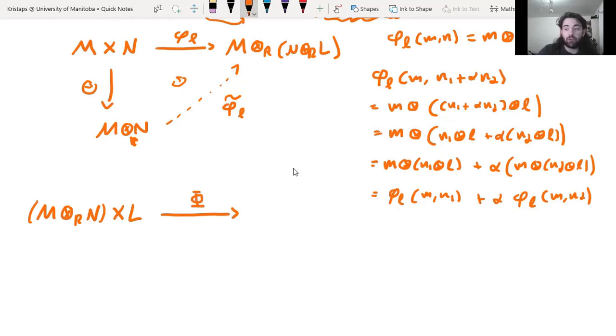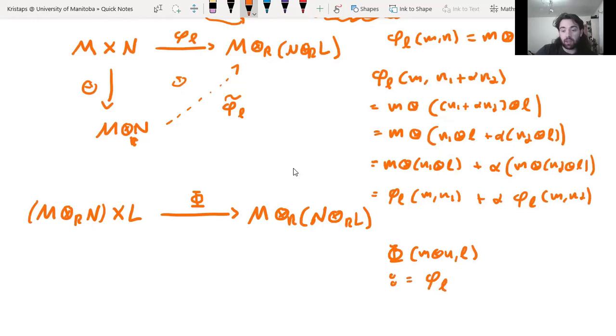Here we have capital phi going into M tensor over R with N tensor L. I'm going to define capital phi so that it acts by taking (m tensor n, little l) and mapping it to phi sub L of (m, n), which, of course, works out to m tensor n tensor l.